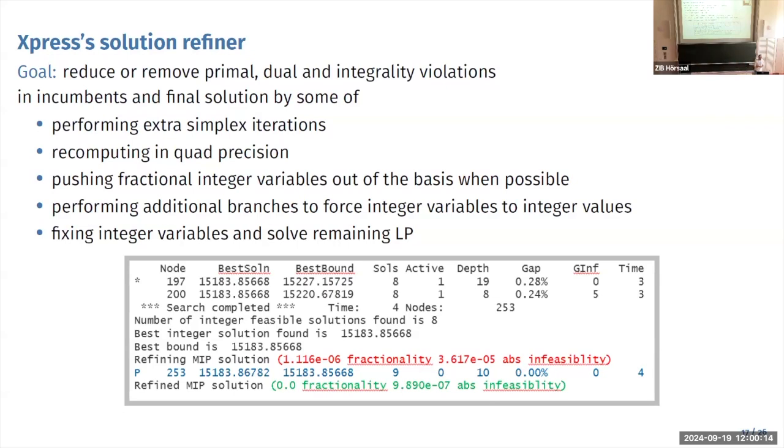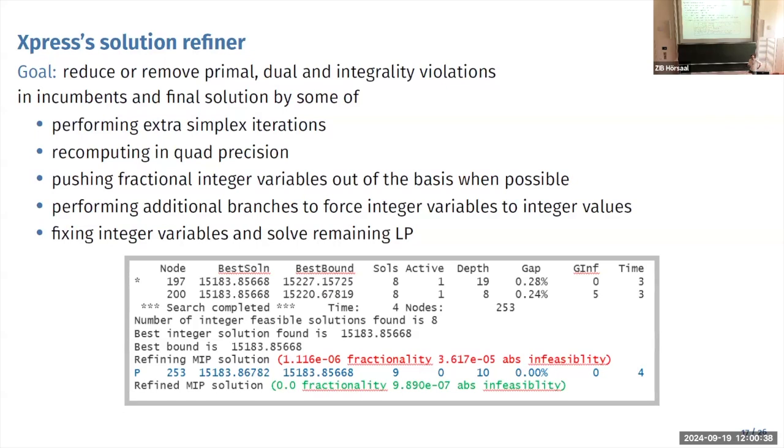Quad precision would use 128 bits and is of course notably slower than double precision. But if you only do it for solutions and not for the whole branch and bound process, then probably that doesn't hurt too much. And you could also try to push integer variables that have a fractional value out of the basis.